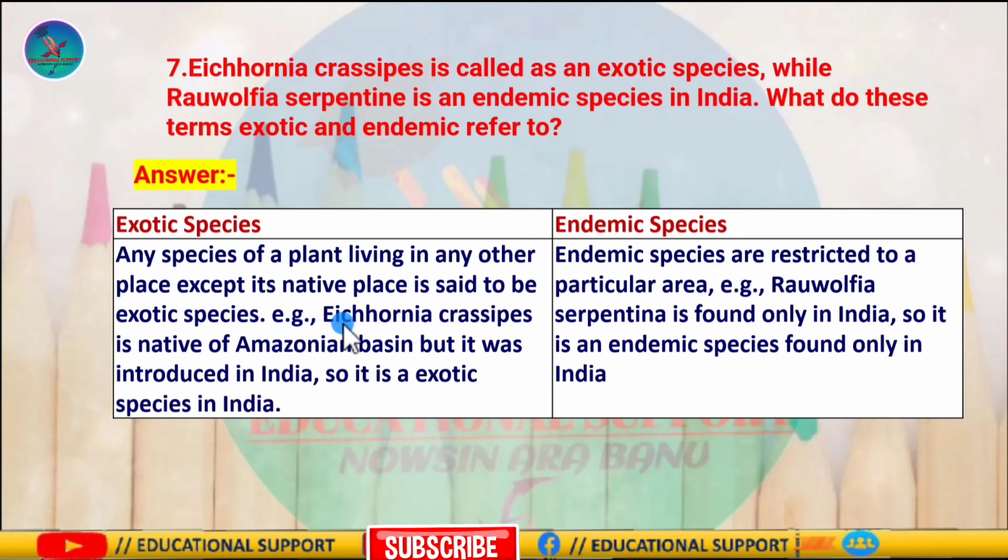For example, Eichhornia crassipes is native to the Amazonian basin, but it was introduced in India. That's why it is an exotic species in India. But endemic species are restricted to a particular area. For example, Rauwolfia serpentina is found only in India. That's why it is an endemic species. So this is the main difference between exotic and endemic species.